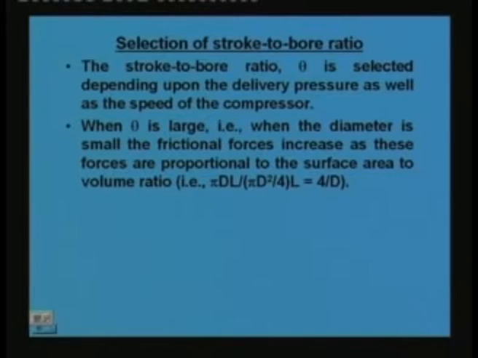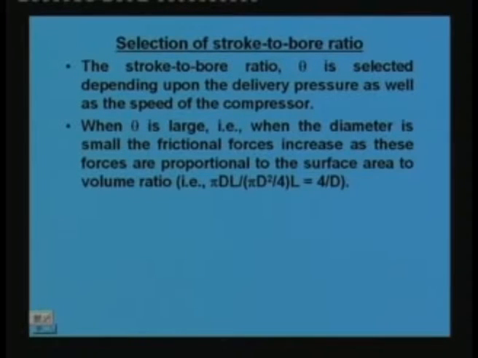So when the diameter is small, you find that the frictional forces become large, because the frictional forces are proportional to the surface area to volume ratio. The surface area of a cylinder is pi d L and volume is pi d square by 4 into L. That means the frictional forces are proportional to 4 by D. So as you reduce D, the frictional forces increase.